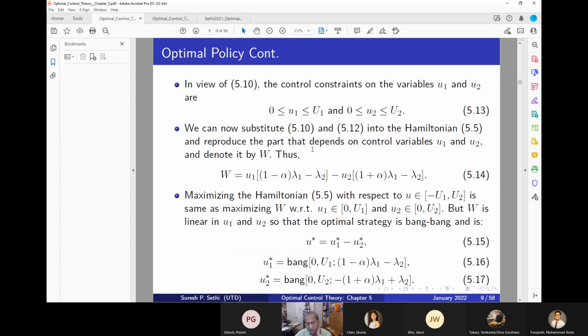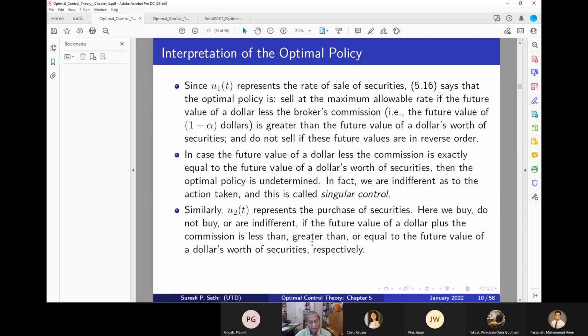And it says what? Since U1 represents the rate of sale of securities, the first one says that the optimal policy is to sell at the maximum rate if the future value of the dollar less the broker's commission, that is the future value of 1 minus alpha dollars. Because remember, if I sell $1 of security, I only get 1 minus alpha dollar of cash.